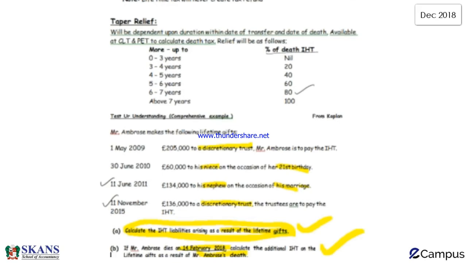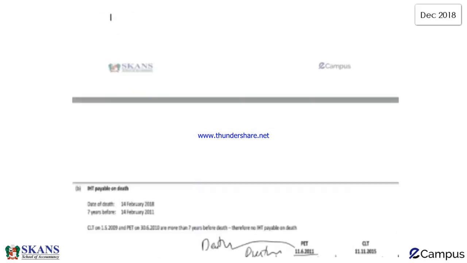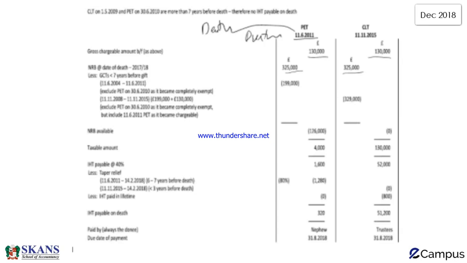Now, you can see from the answer part that we had calculated a tax of 40%, which is 1600. Now we would say that as the duration between the date of transfer and date of death is more than 6 years but less than 7 years, which would attract 80% of 1600, there will be a taper relief of 1280. So the IHT payable on this potentially exempt transfer, which has now become chargeable, is 320.